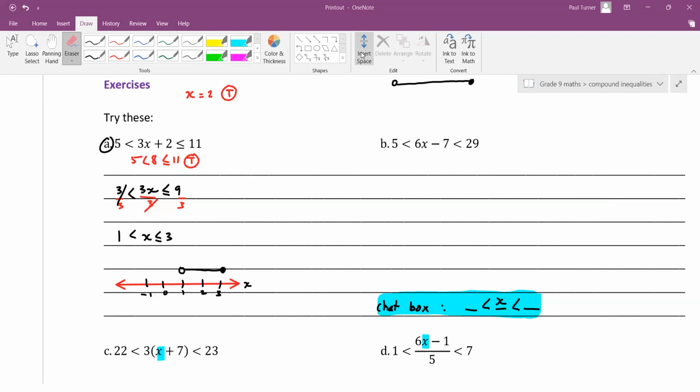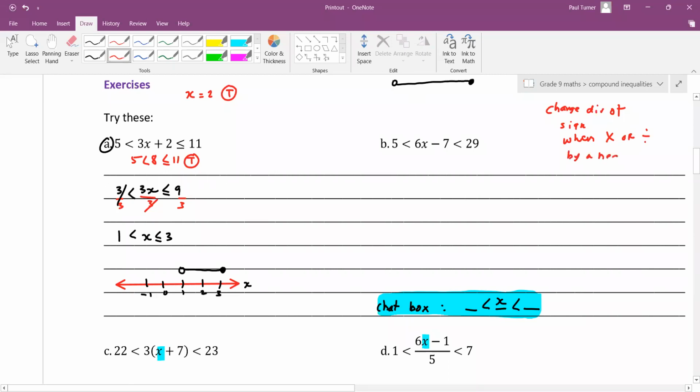Apitsada, why did your signs change? Can you look at your answer? Your numbers are correct, but your signs are wrong. Remember, we only change the sign direction when we multiply or divide by a negative number.